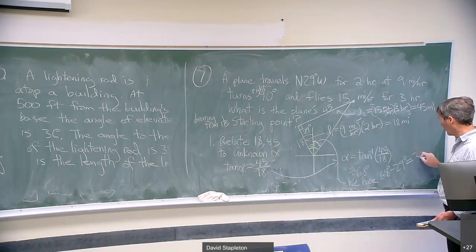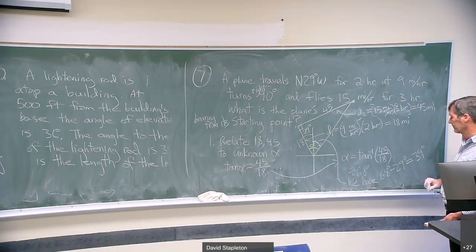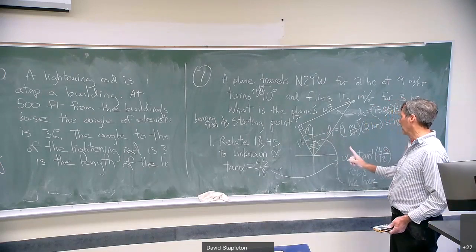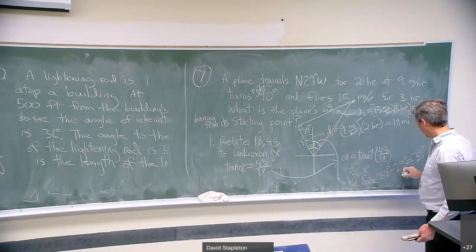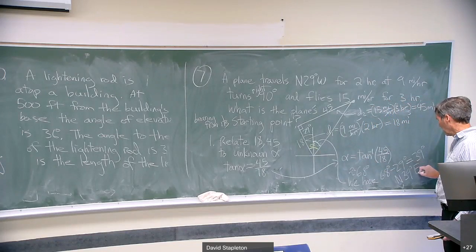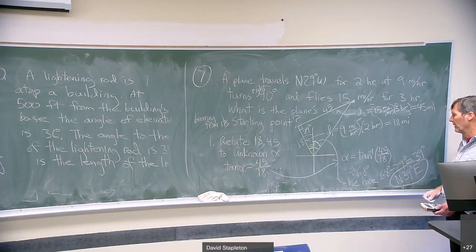Gives us 39. And you can say, therefore, since this is turning west 39 to east 39 degrees, the bearing is north 39 degrees east. I'll do that one. So kind of a tricky problem there.